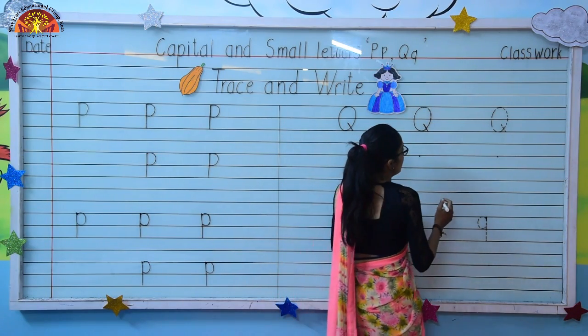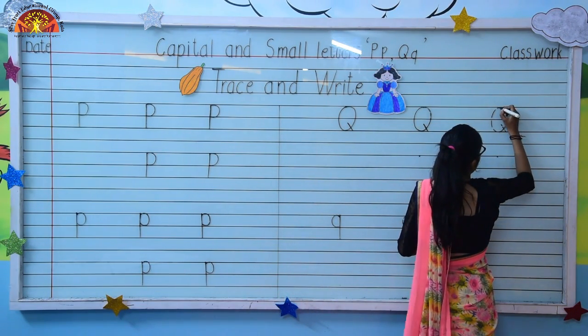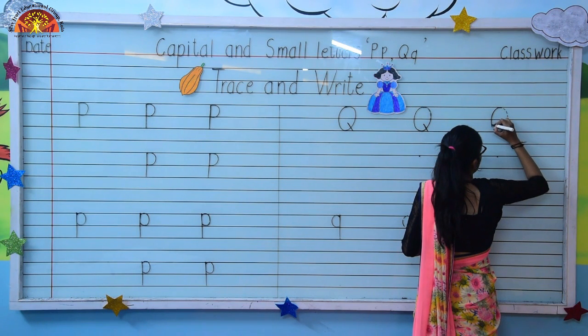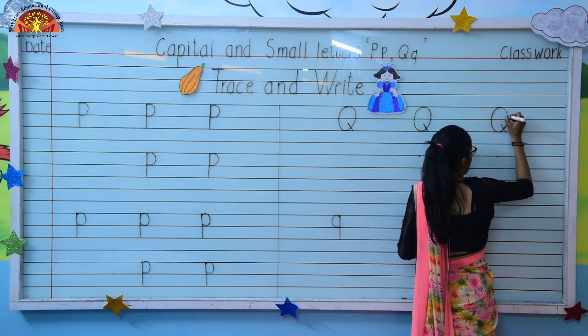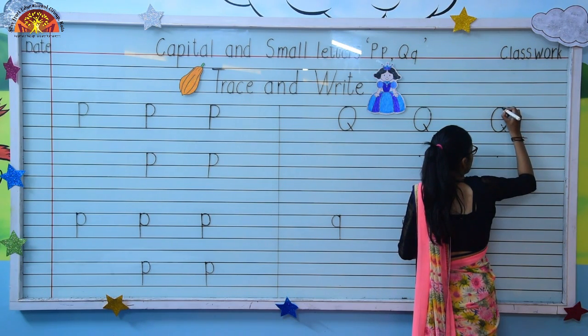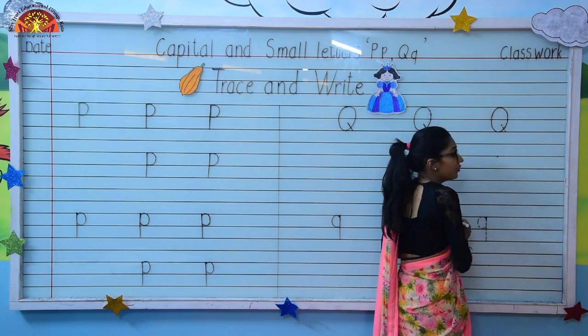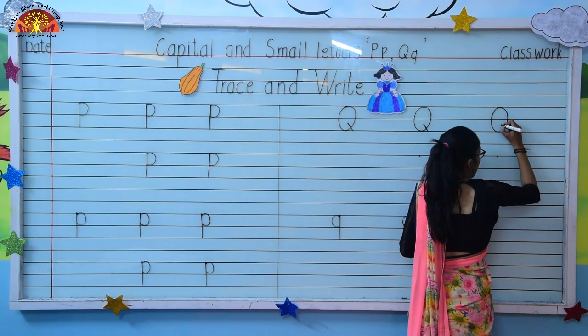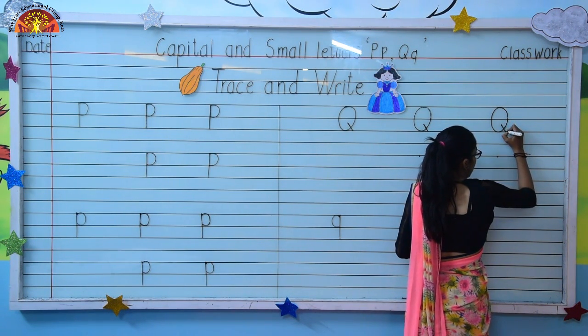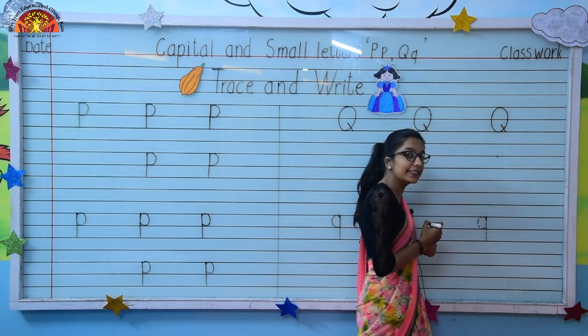Again kids, let's do tracing. Curve, one more curve in the opposite direction, join. Now small slanting line inside it, outside to inside like this.